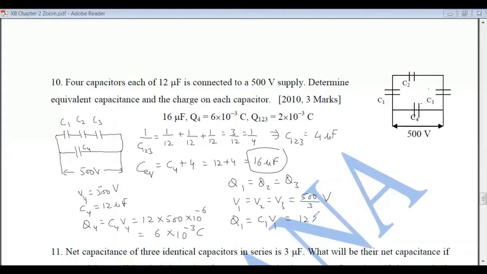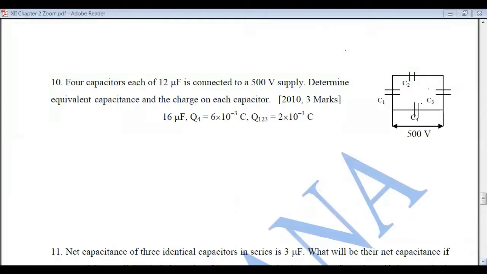C1 is 12 into 10 raised to the power minus 6 and V1 is 500 upon 3, which is equal to 2 into 10 raised to the power minus 3 coulomb, and the same is equal to Q2. Q3 will also be equal to 2 into 10 raised to the power minus 3 coulomb.